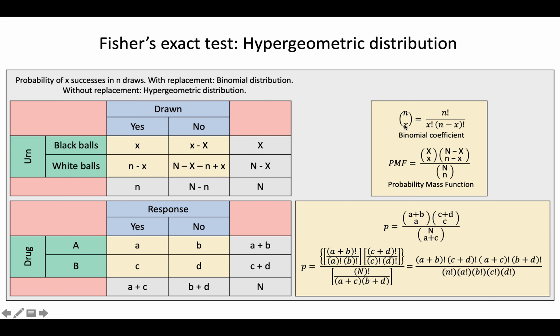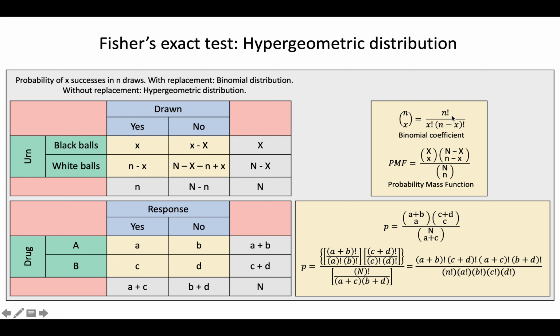This is what I mean, but this should be read as n choose x. Okay, so n choose x is equal to n factorial over x factorial times (n minus x) factorial. And by factorial, I mean, for example, if you say there were 5 trials or 5 attempts, in this case it would be n equal to 5.